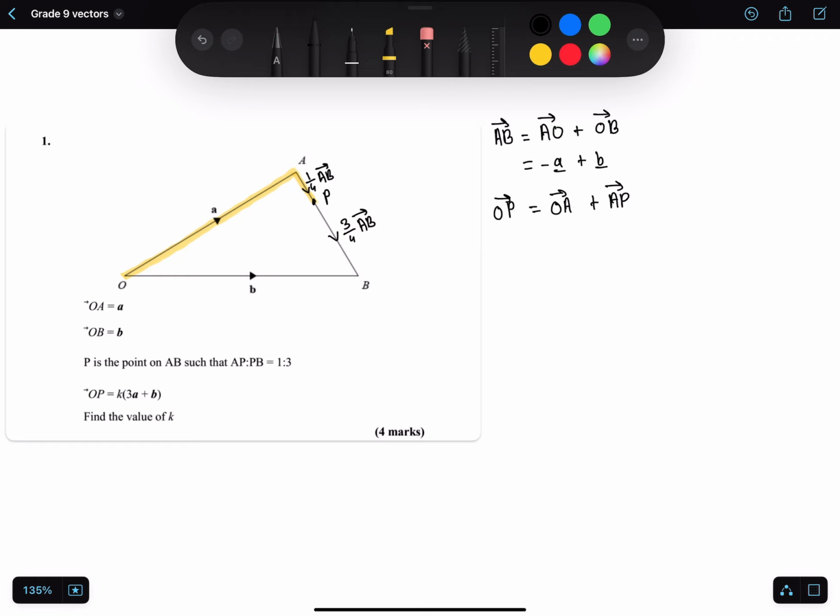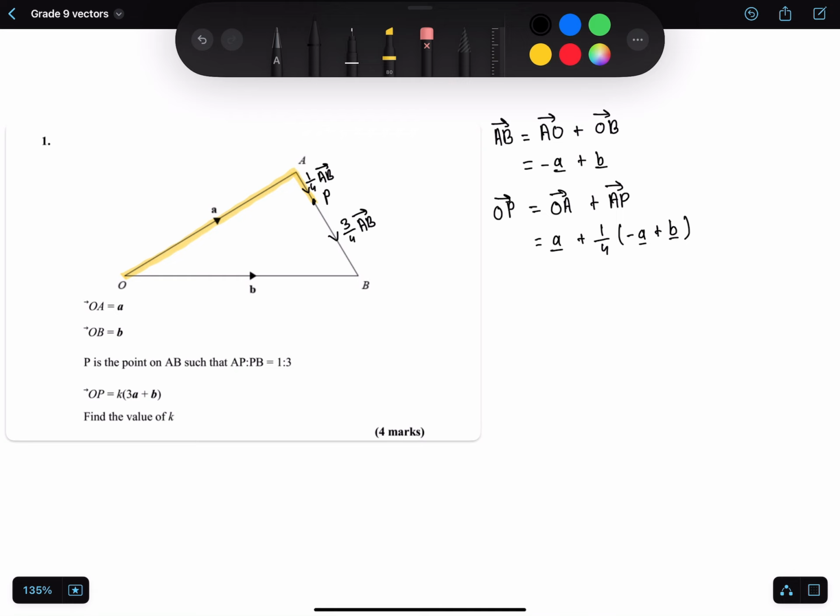And we already know what OA is, and we can now calculate what AP is because we know what AB is. So that will equal A plus 1 over 4 AB, which can be denoted as minus A plus B.